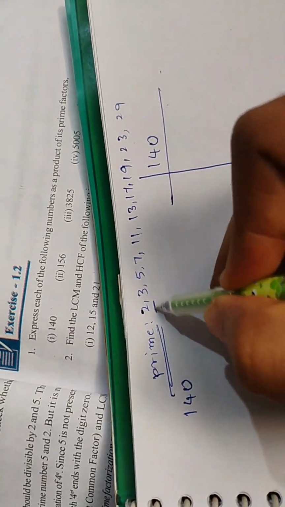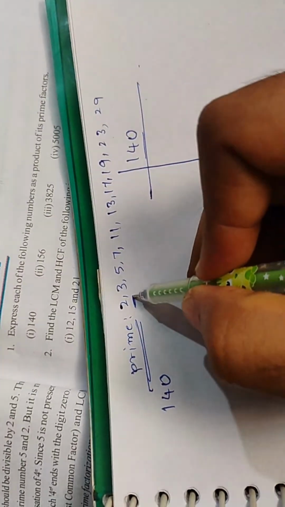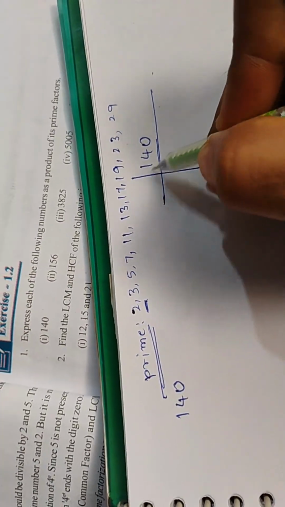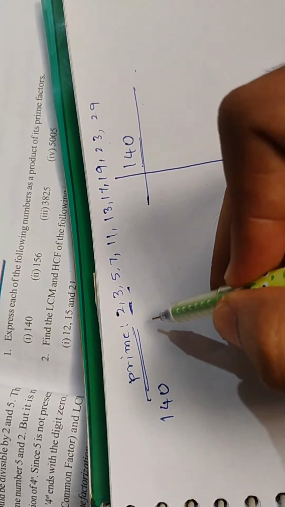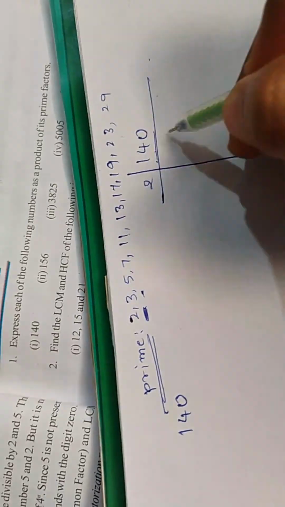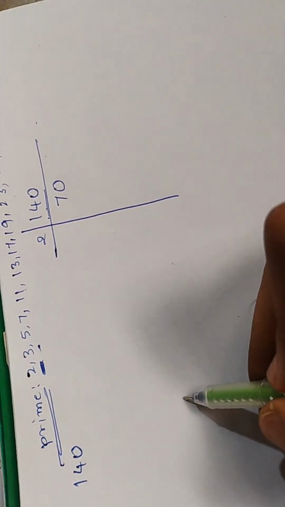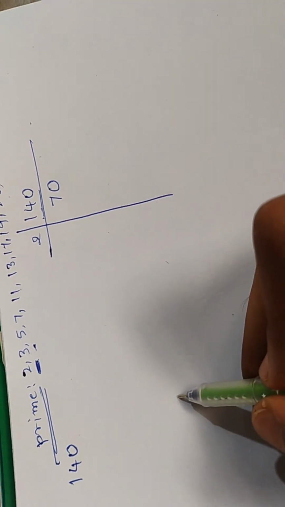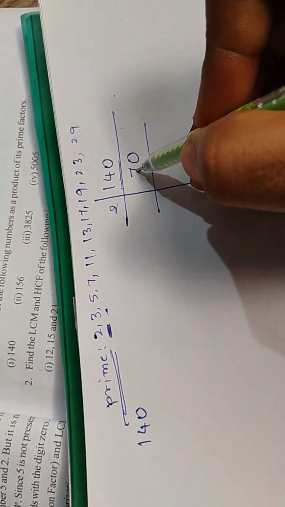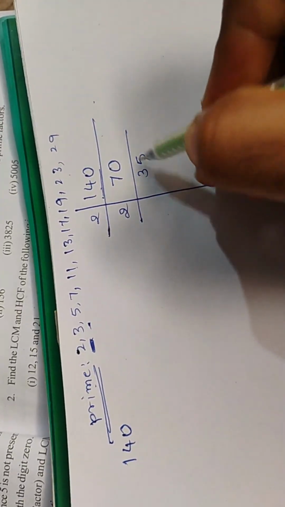First మనం 2 తీసుకోవాలి. If it is divisible by 2, then go with the 2. If it is not divisible, then go to the next prime number. Here 140 is divisible by 2, so go with 2: 2 into 70. Again 70 is divisible by 2, so 2 into 35.